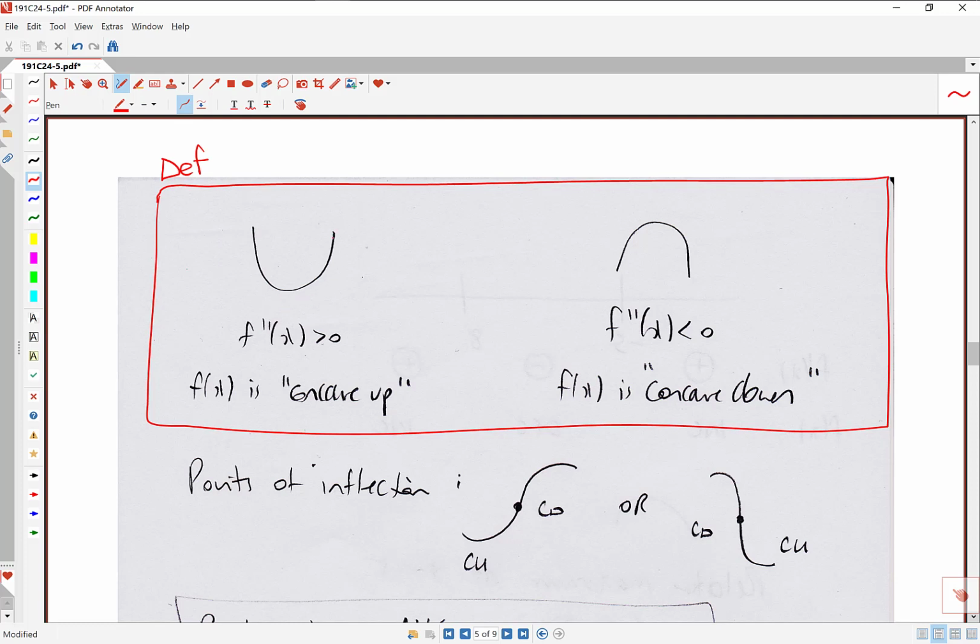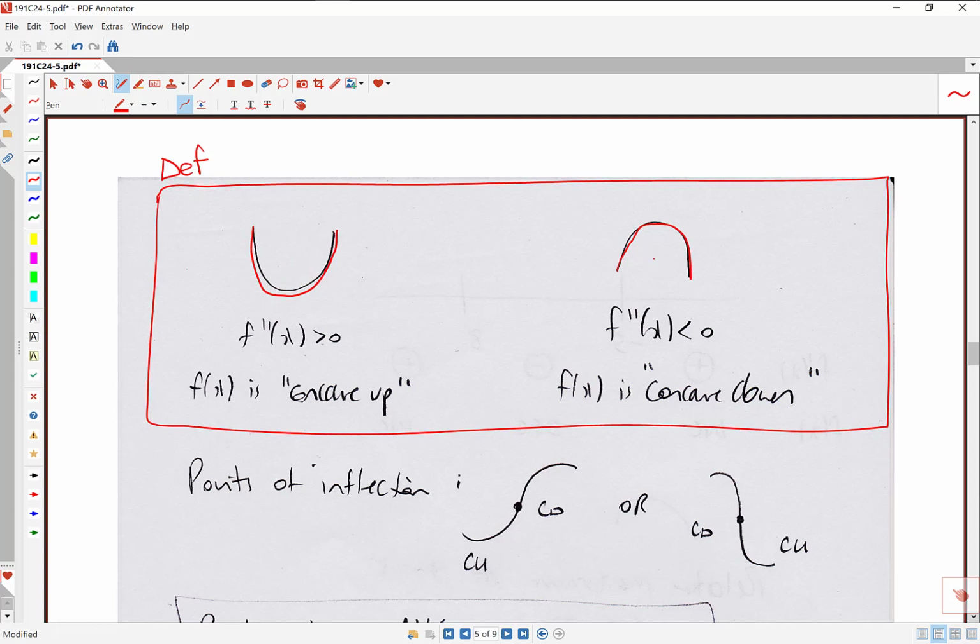So let's look at these two curves that we've got in our picture here. In the left curve, you could imagine this looking like a bowl that's right side up. And in the curve on the right, you could imagine that's looking like a bowl which is upside down. So imagine you were trying to eat cereal out of this bowl. In the left picture, the cereal would be in the bowl.